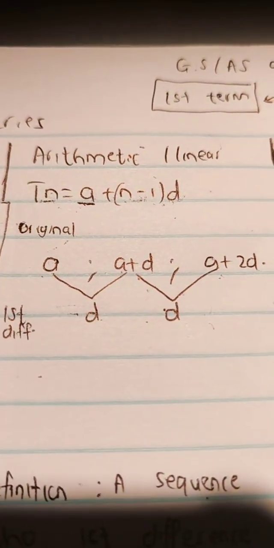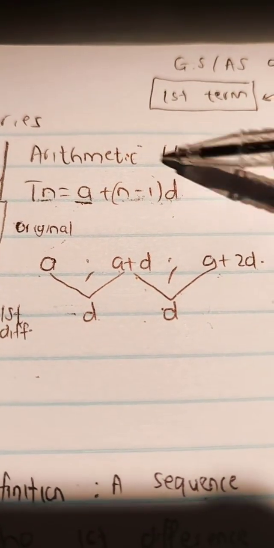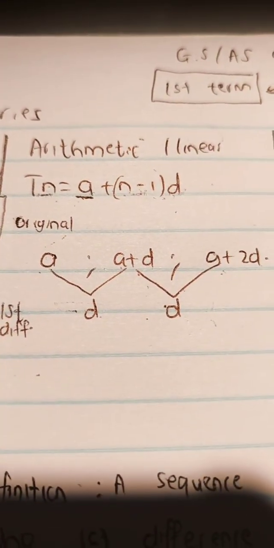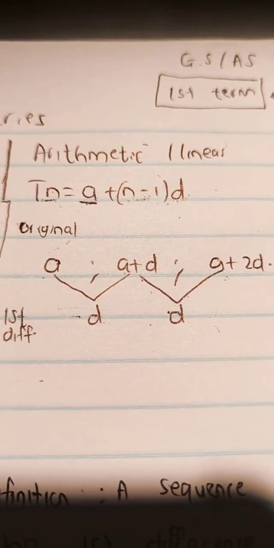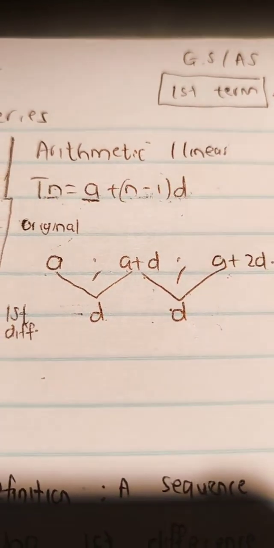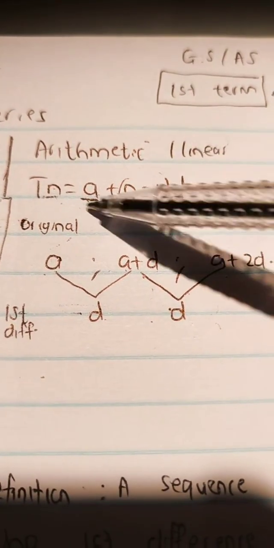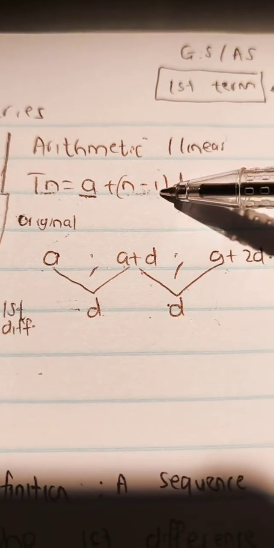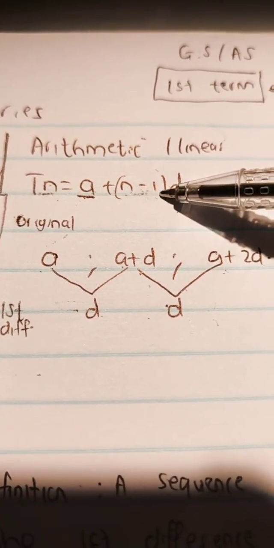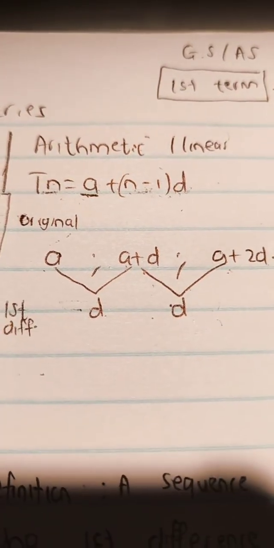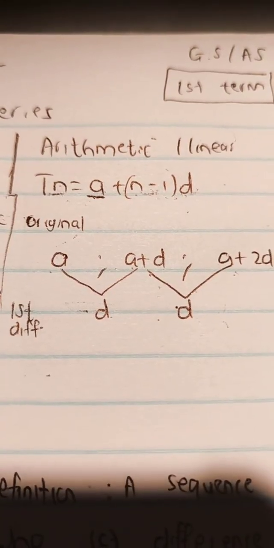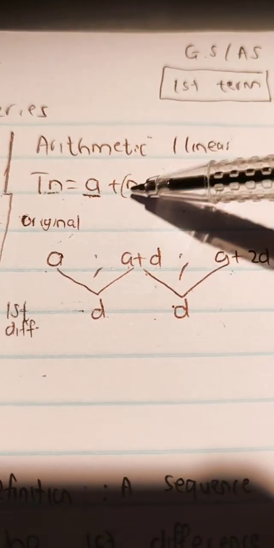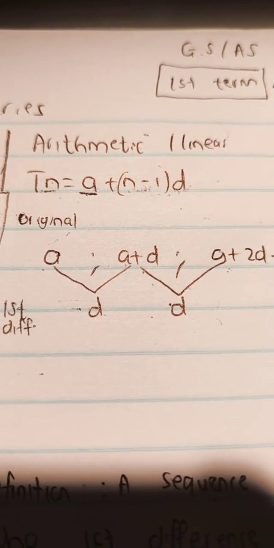It's not wrong to use what we have spoken about, but please familiarize yourself with this and start flowing with it before schools reopen, so that when you go back to school, you can flow very nicely with it. You know that this is a linear general term. dn plus c is what you've been using for grade 10, grade 9. But now you are in grade 12 and you are being exposed to a little bit more. So utilize it. It's your time to shine.